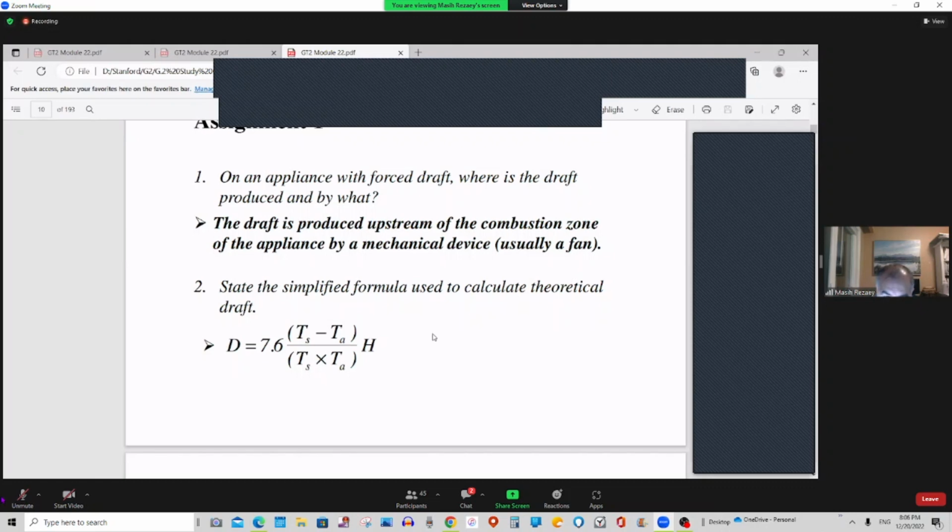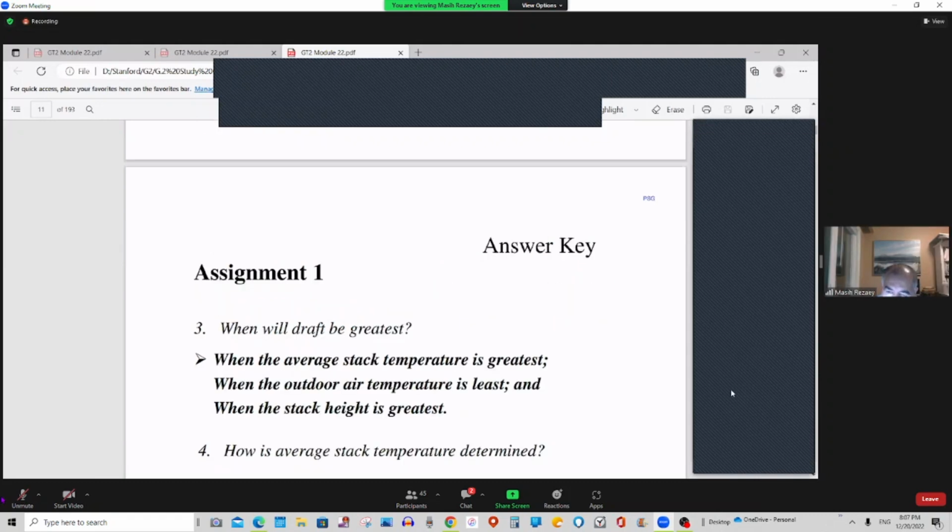As the height increases, the draft will increase. How about TS? As TS, the average stack temperature, increases, the draft increases. And TA, the ambient temperature: as TA increases, the draft decreases.